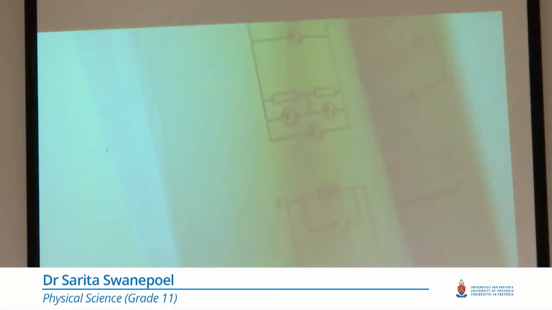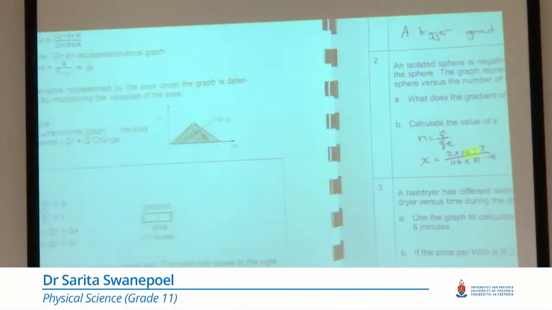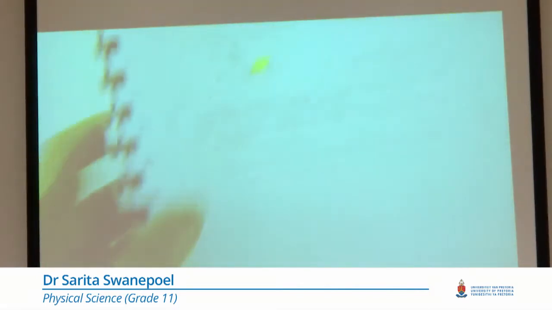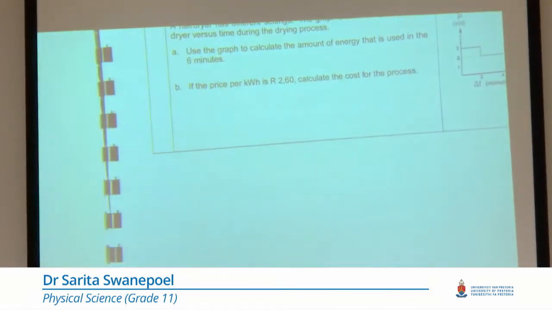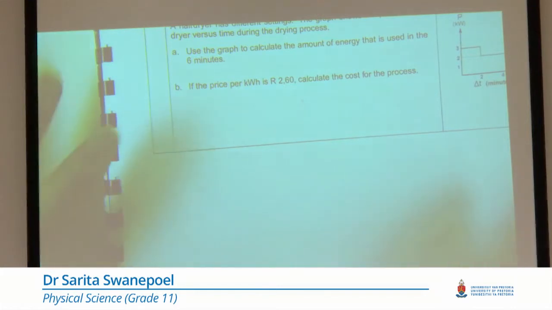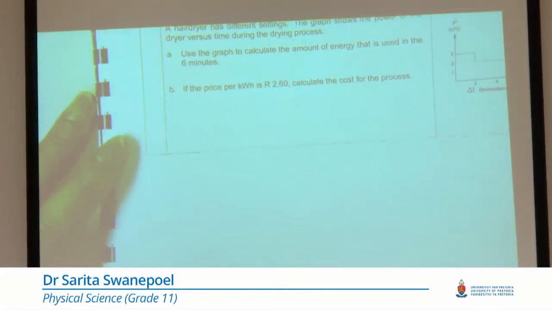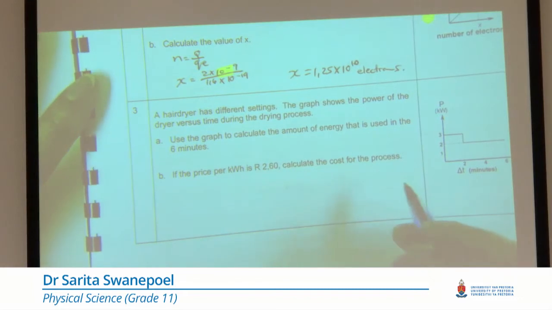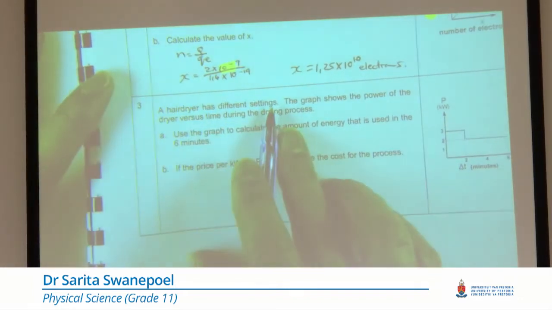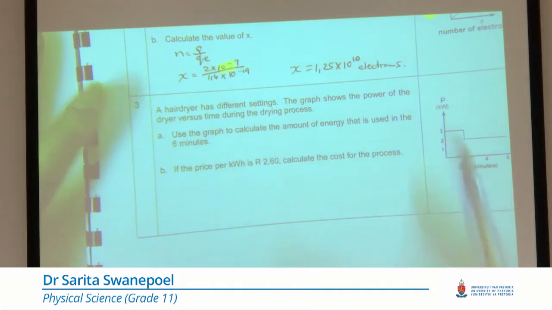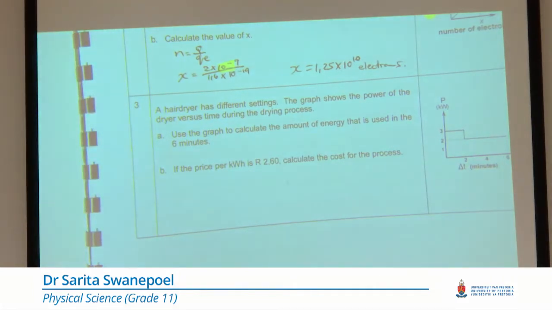Now we can go back to our question. The question was on page 35. A hairdryer has different settings, sometimes you're using it warm, and sometimes cold, sometimes you want it to blow fast, and sometimes slow.